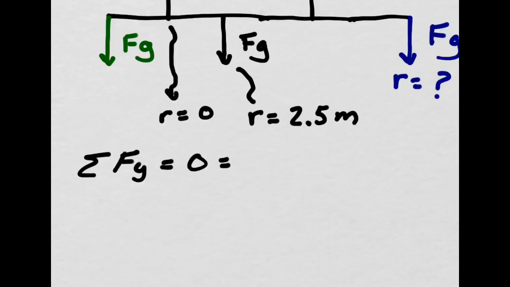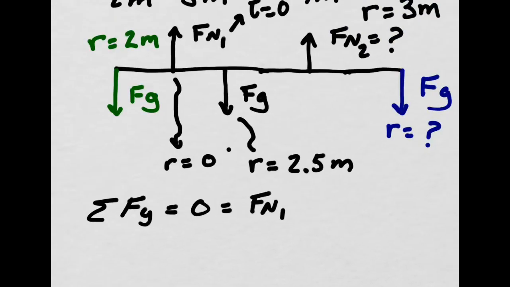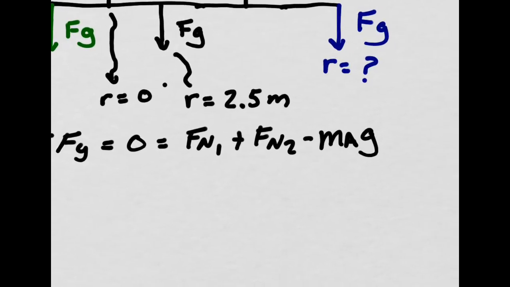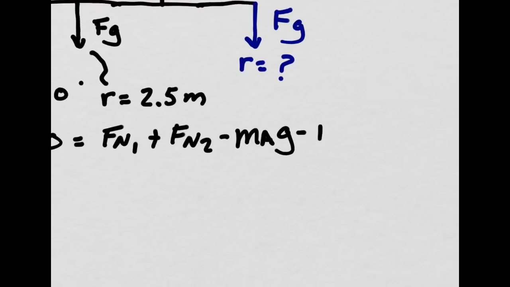That is equal to Fn1, so let's label these 1 and 2, Fn1 plus Fn2 minus Ma, where A is the green, times g, because the person's name is Adrienne, minus Mb g, minus capital M g, where capital M is the mass of the beam itself. And this is equal to 0.